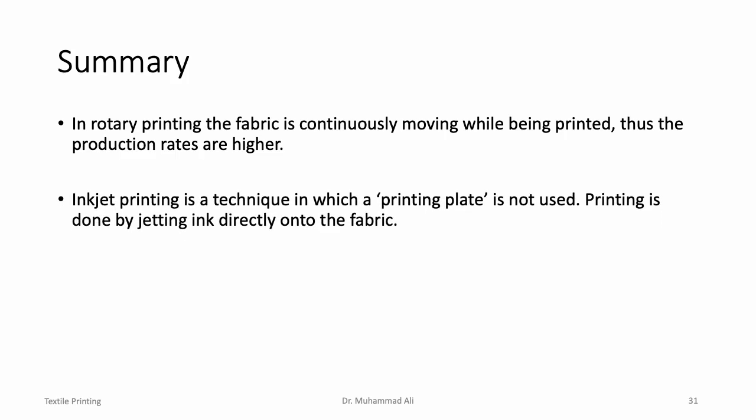Lastly, we have briefly looked at inkjet printing technique, which is completely different from all the printing techniques that we have studied, and it is one in which a permanent printing plate or printing master is not used, and printing is done by jetting droplets of ink directly onto the fabric at desired locations.